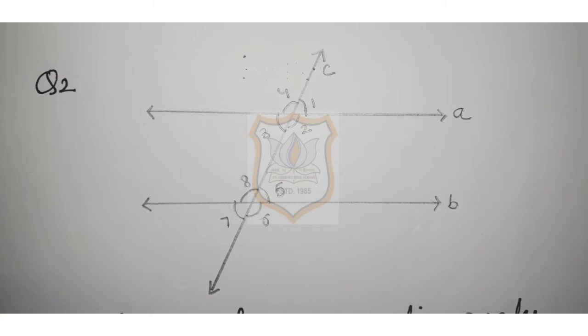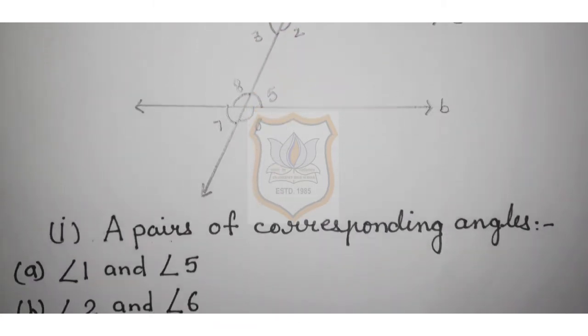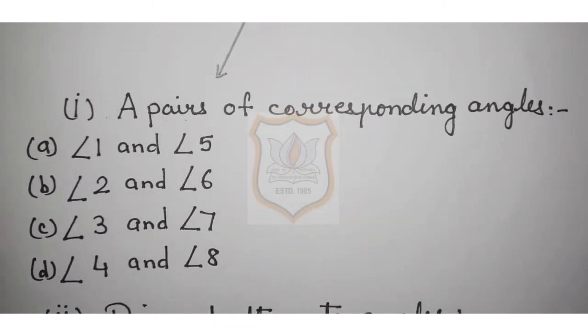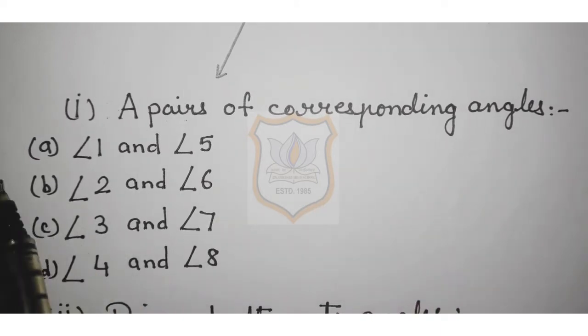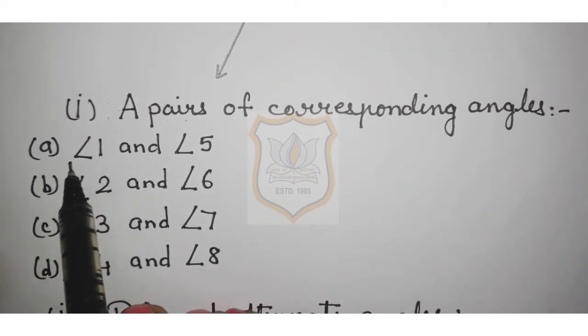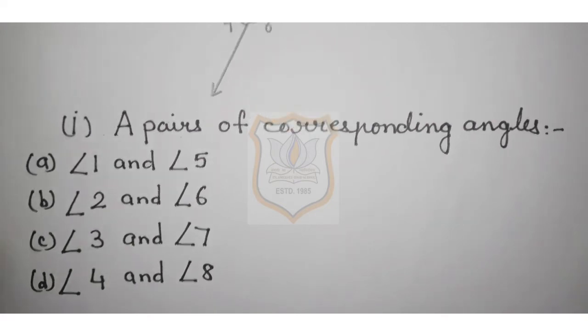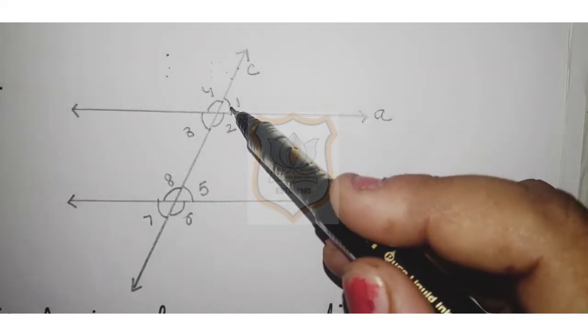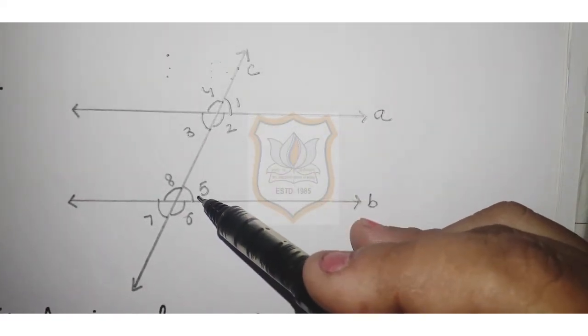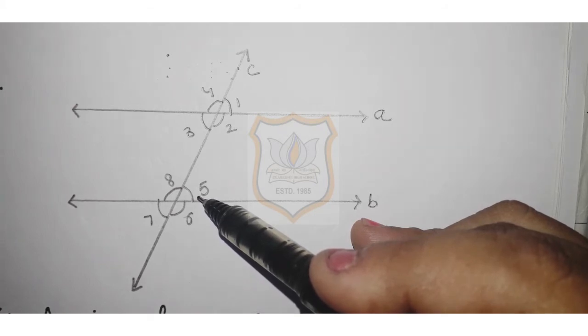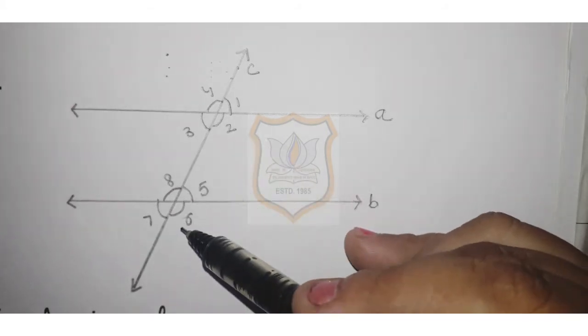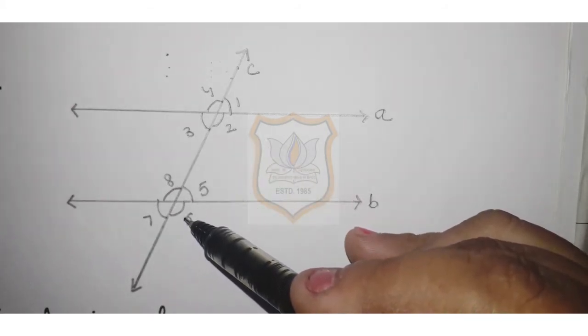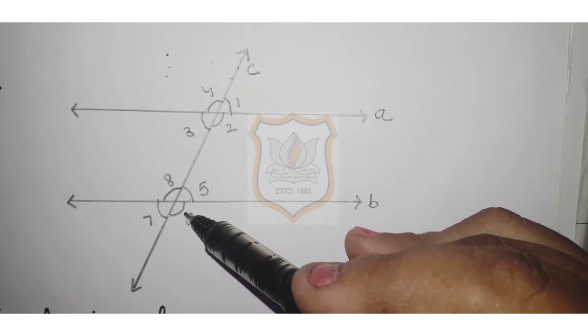So first let's see a pair of corresponding angles. First one is angle 1 and angle 5. These are corresponding angles. Then angle 2 and angle 6. This is also corresponding angles.